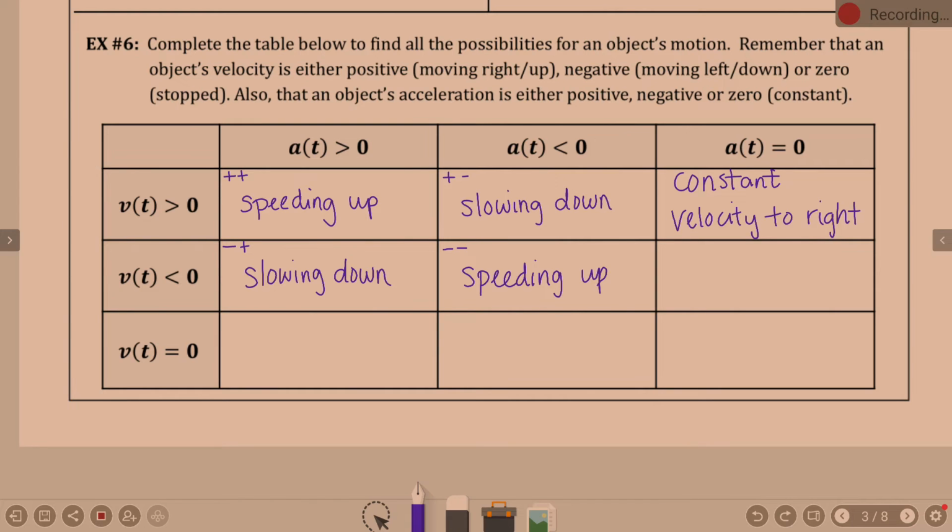Okay, again, it's constant. When acceleration is 0, that means we're going constant. Because it's negative, it's going to go left. Okay. Now, what about when the velocity is 0, but the acceleration is greater than 0?